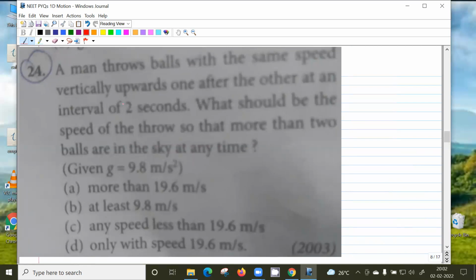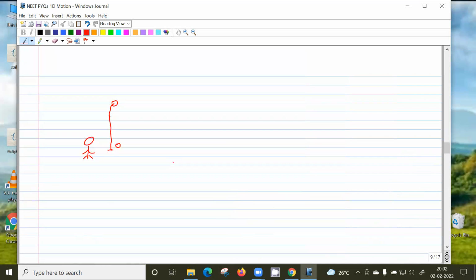A man throws balls with the same speed vertically upwards one after another at an interval of 2 seconds. What should be the speed of throw so that more than 2 balls are in the sky at the same time? So let's consider just 2 balls in the sky. Okay, this is the first ball.